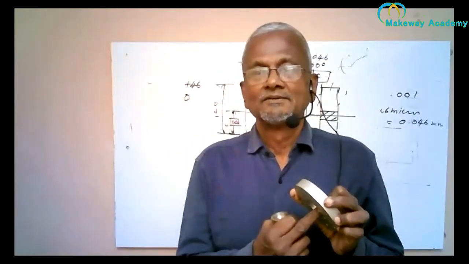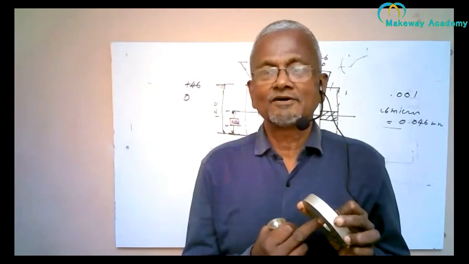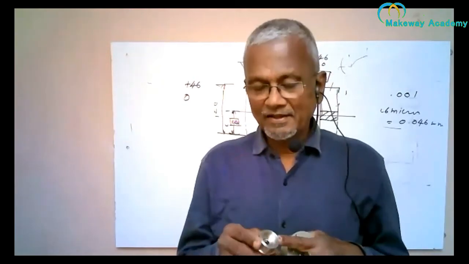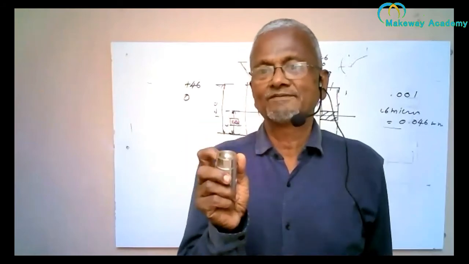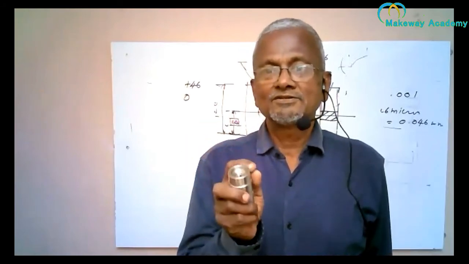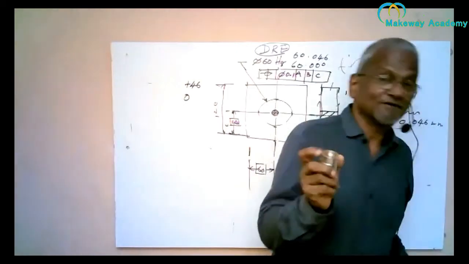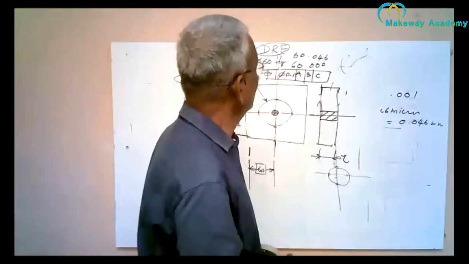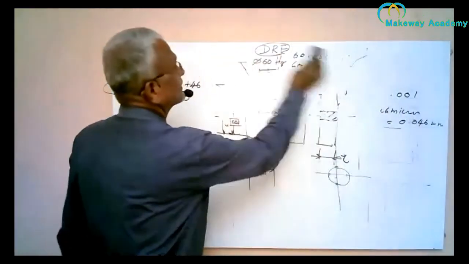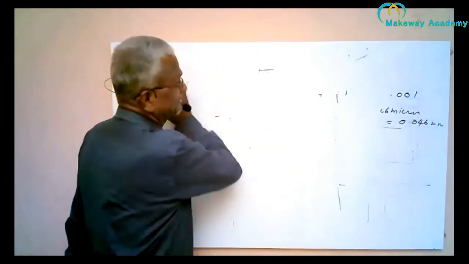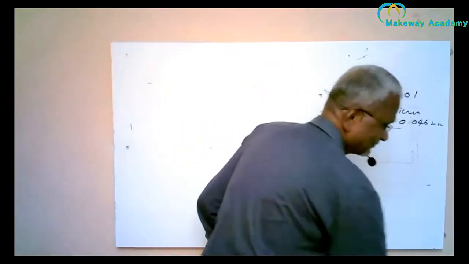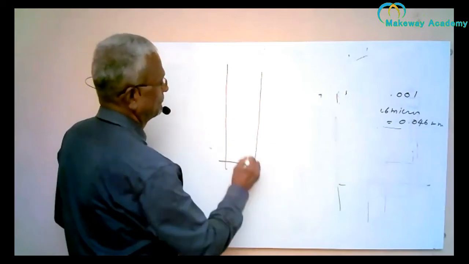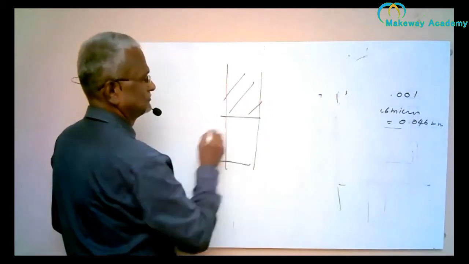H8, what is the H8 tolerance for a 35 mm hole? That we'll have to see. And this is a 35 mm shaft. This is the F7 shaft, small f. The subject we are in is fits and tolerance. This is a hole.